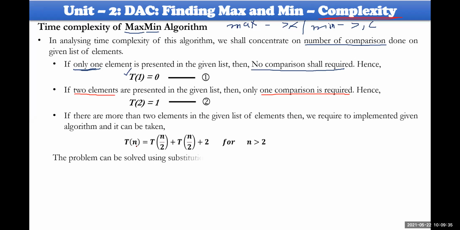T of n will be equal to the recursive terms: one for finding the maximum and one for finding the minimum, and these things will happen here. Then plus 2. If n is greater than 2, obviously 2 comparisons will happen. And for recursive calls, one could be for minimum and one for maximum.